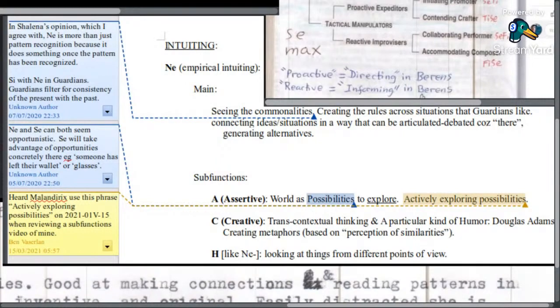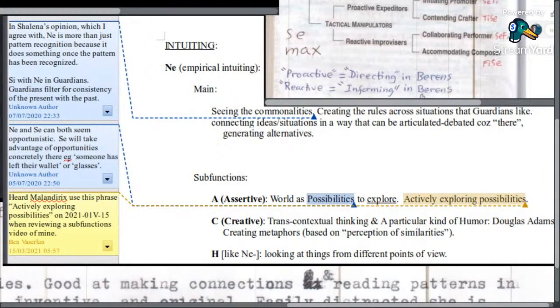The ENTP prides itself on one night winning the argument from one side and then winning the argument from the other side, taking a different perspective, looking at it like this, looking at it like that. Whereas NI is more associated with seeing one singular vision, one perspective, and getting trapped into that tunnel thinking. So integration of perspectives, I'd say that's more NE.